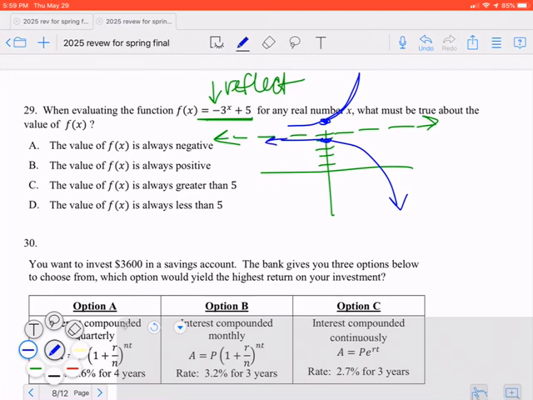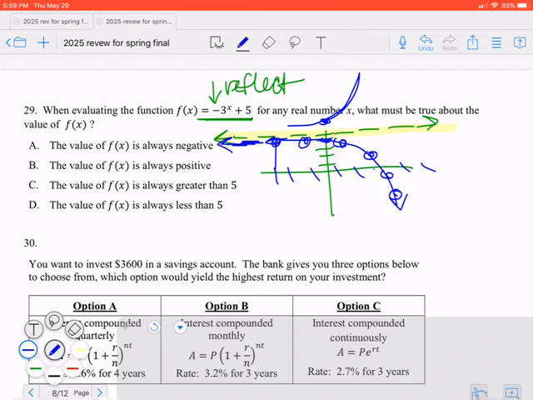So back to the question: for any real number x, what must be true about f of x, or the y? If you're thinking about plugging in any x along this x-axis, our y values are on the graph, and they're always staying below the asymptote. Even on this left-hand side, it's going to keep getting closer and closer.